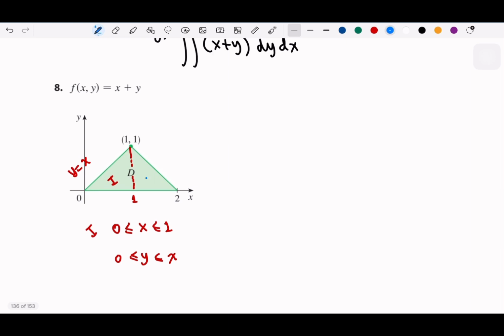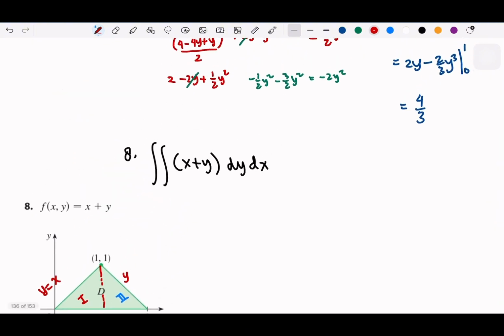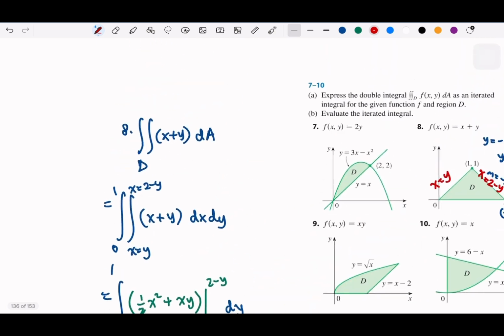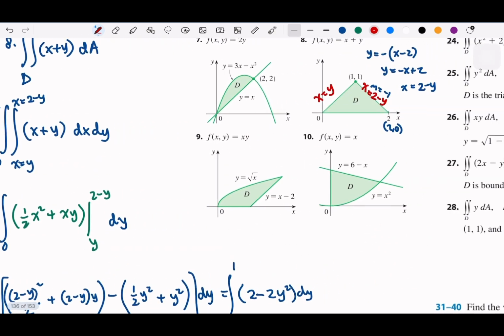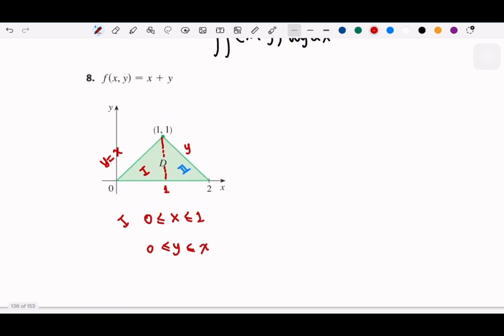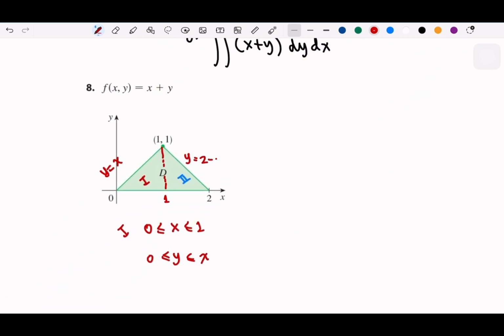And then we have 2, this one. We could take this one, y is, I forgot the equations. Where is x, y is 2 minus x. Okay.